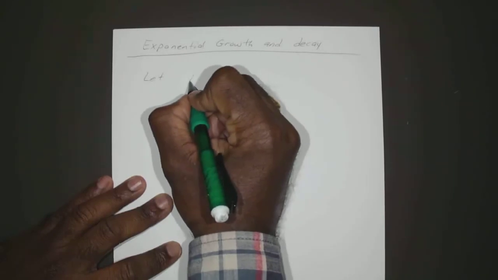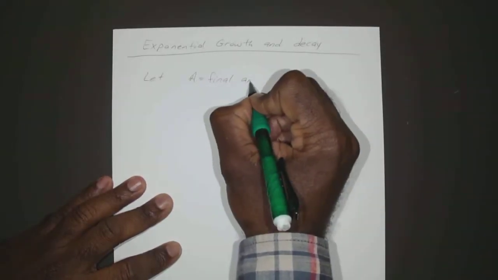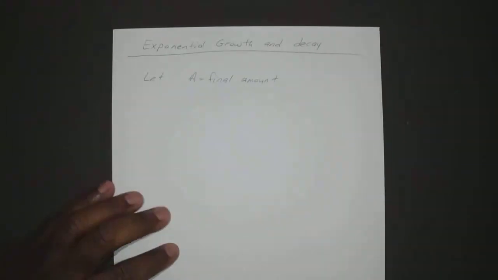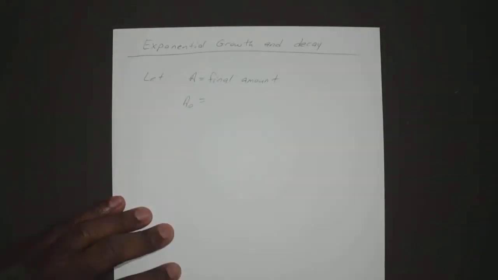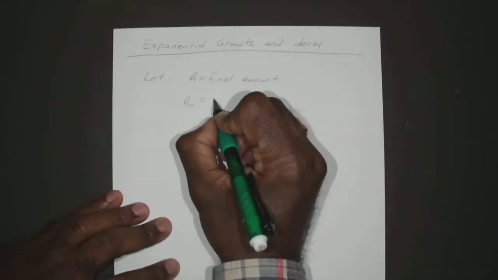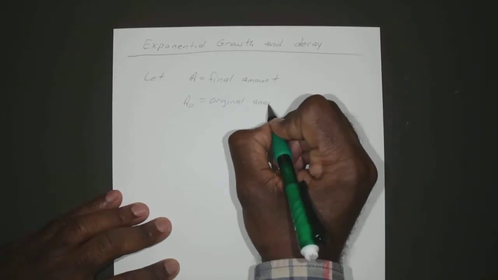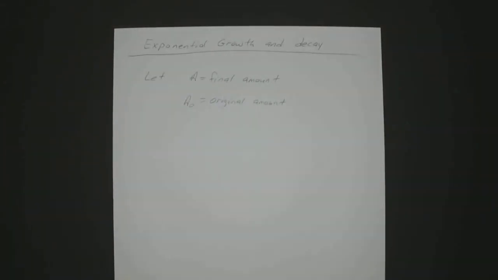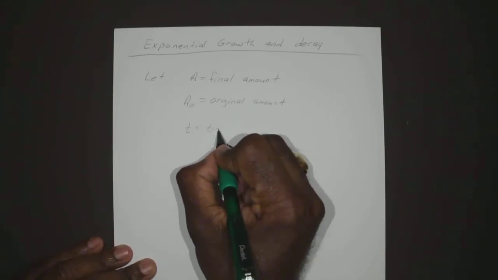We'll let A equal your final amount. We'll let A sub 0 equal your starting amount, or your original amount. In compound interest that was the P, we're making it A sub 0. T is still equal to time.